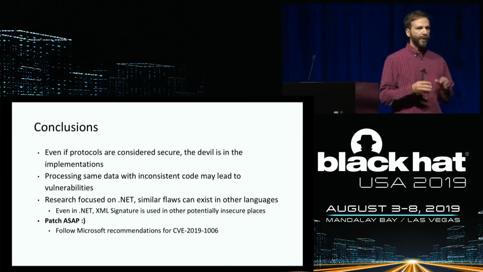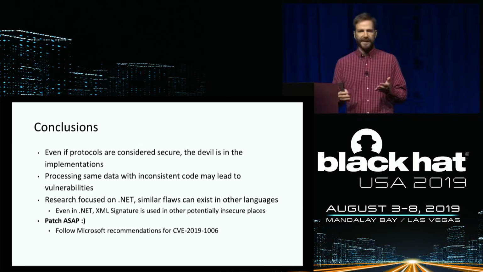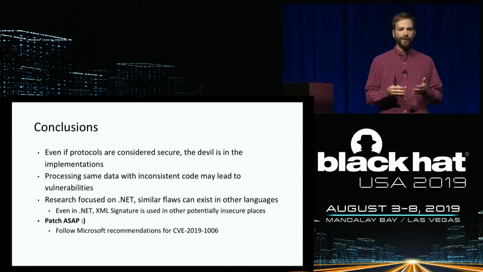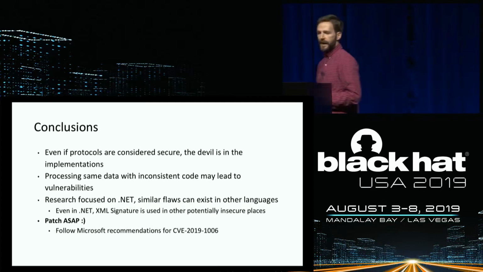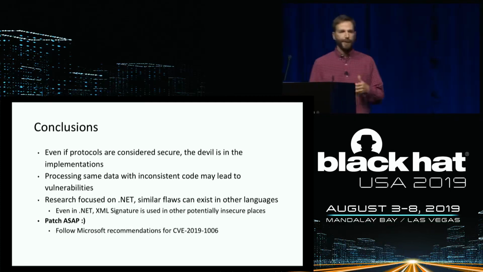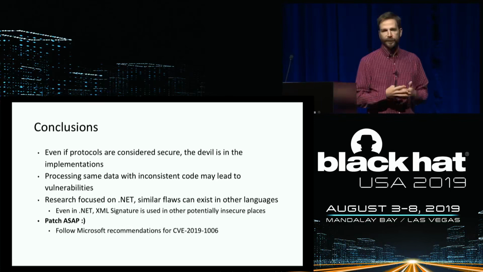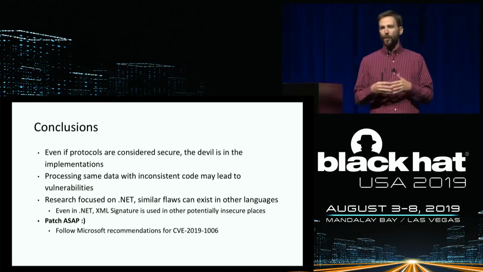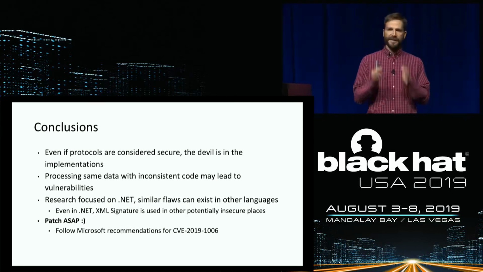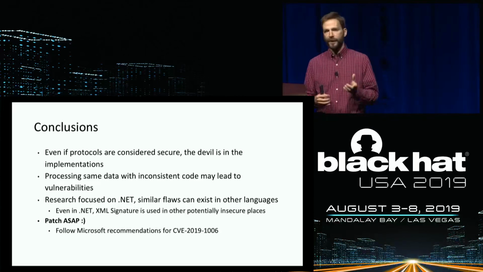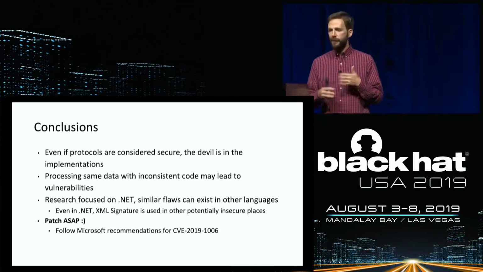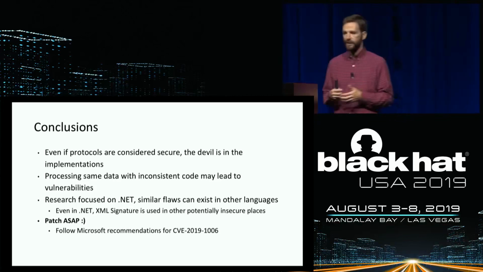Also, we focused our research on .NET. One of the reasons is that .NET was secure for all the previous attacks and for SAML tokens. But we did not spend a lot of time, or actually we didn't really look into other languages and frameworks. So we don't expect the same design flaw to exist in other languages because it's somehow .NET specific, but similar things, similar flaws, can appear in other languages and frameworks.